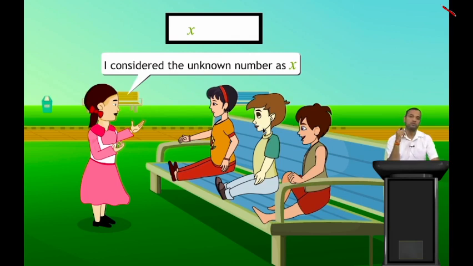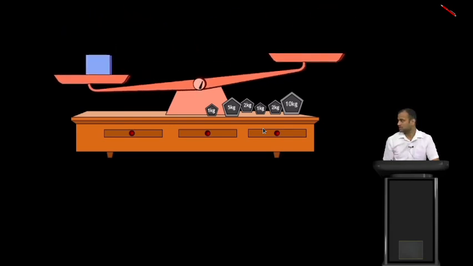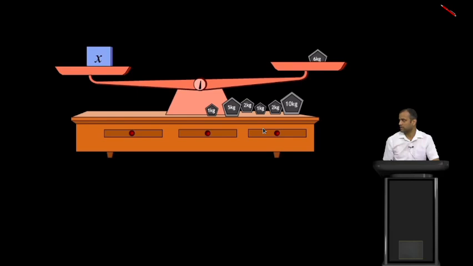Okay, now how to solve an equation? So here is an example. So you know this is a balance machine. So here x and 6 both are equal, so we can write this equation as x equals 6.